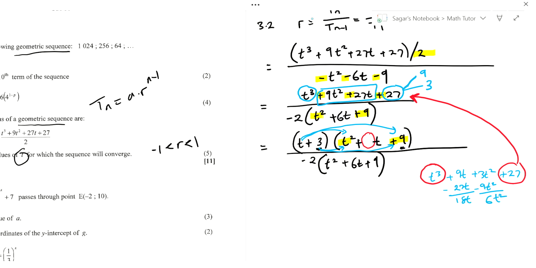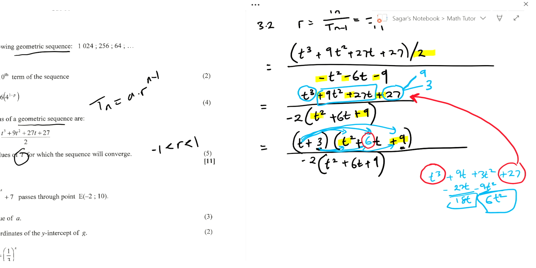Now in order to get these missing terms, 3 times something t will give us 18t, and that value will be 6. Also, t multiplied by 6t will give us 6t squared.